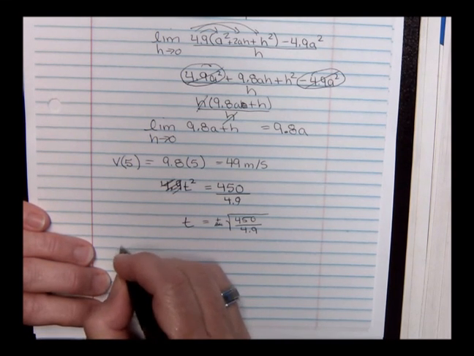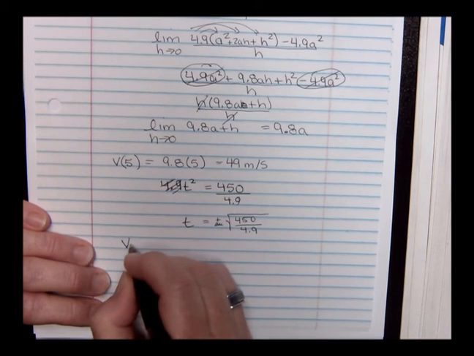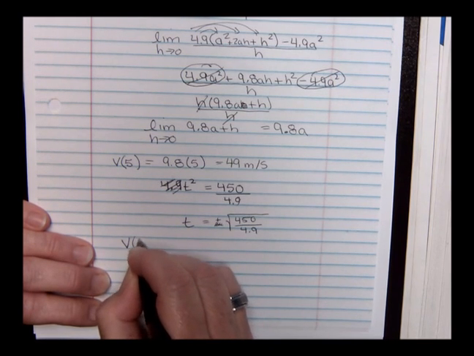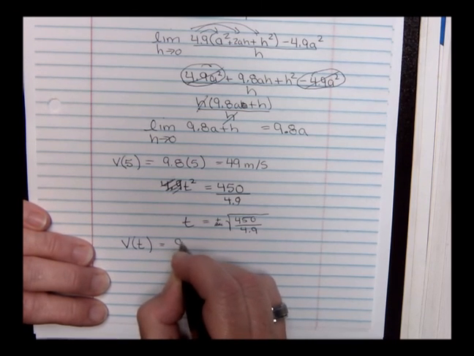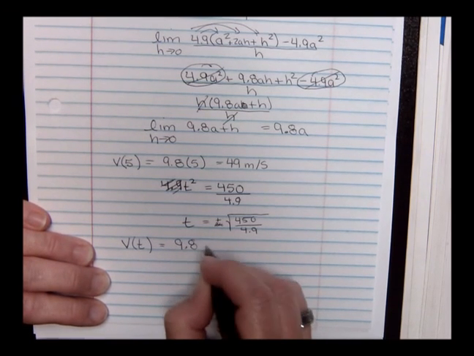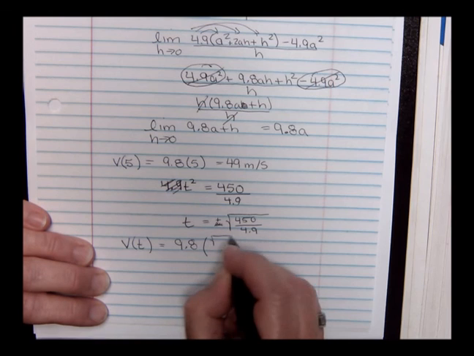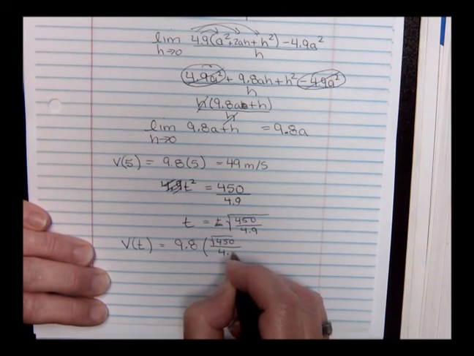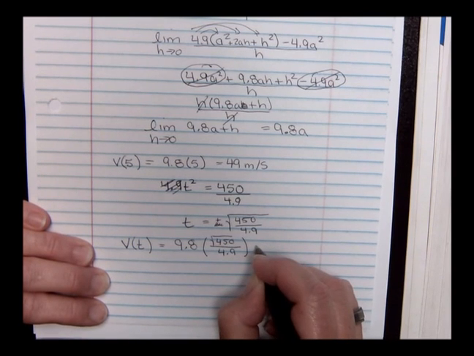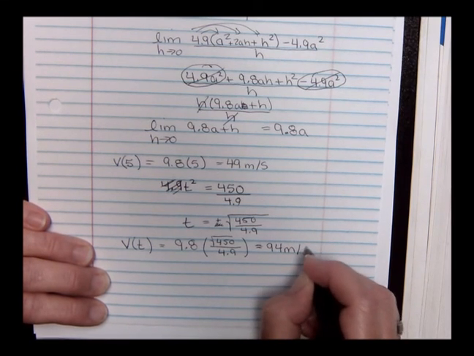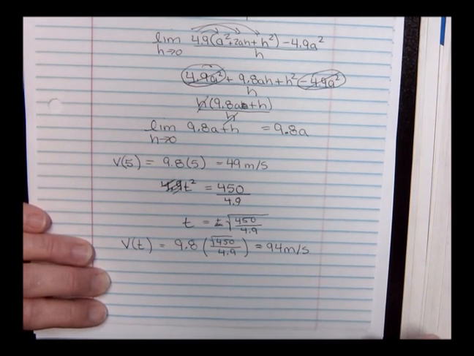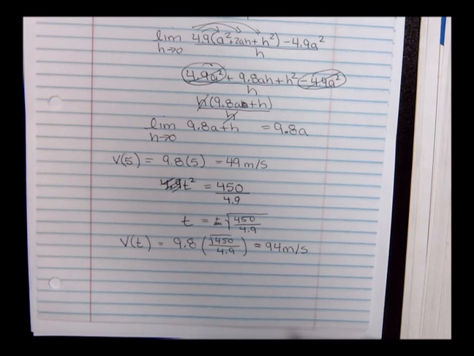And you'll want your calculator for this. (9.8) times the square root of 450 over 4.9. And when I put that in my calculator, I find out that it's going 94 meters per second when it hits the ground. So there we go.